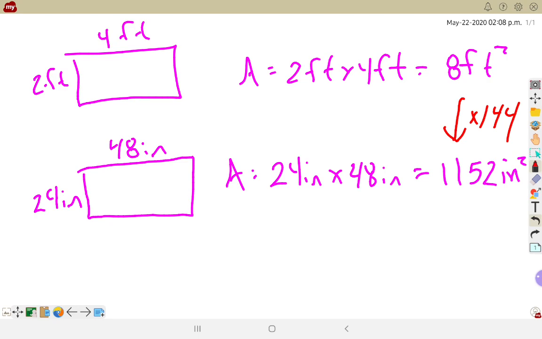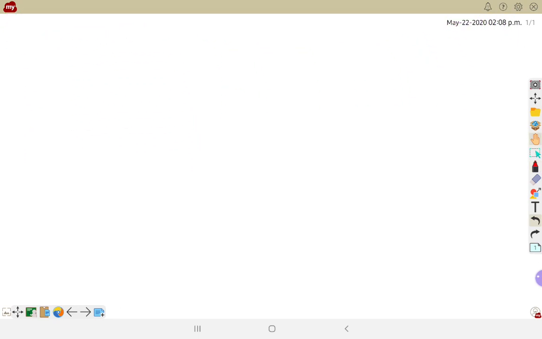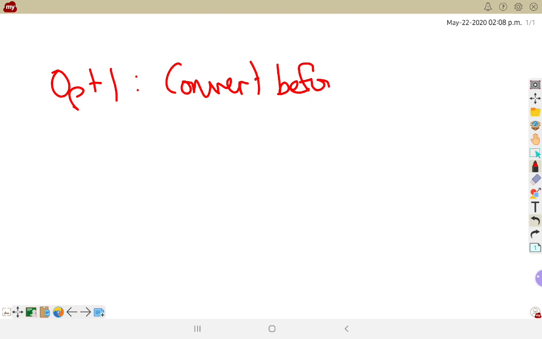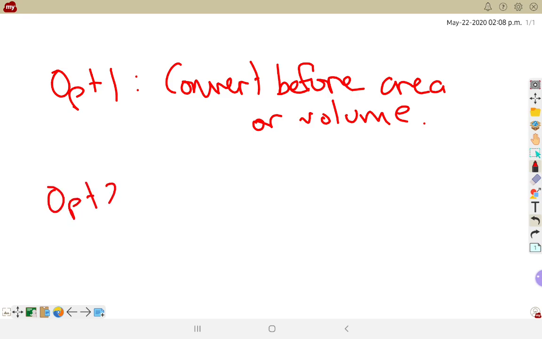Okay, so when you're doing these conversions, you really have two options. Okay, so option one is simply convert before you find the areas. Okay, or volume, because we're going to look at cubic units after this. So that's our first option, is just convert everything before we start working with it. Okay, now option two, if you don't want to do the conversion right away, then you can perform the conversion "twice."